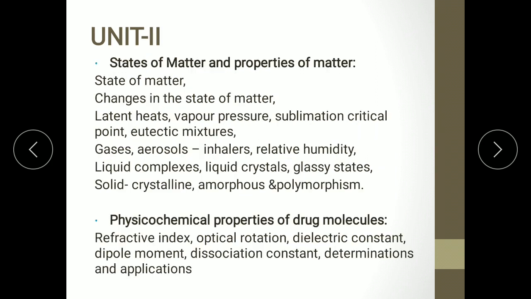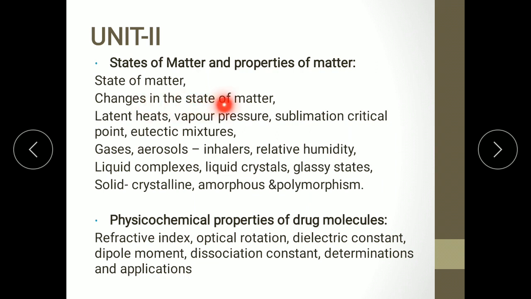Now coming to the second unit, it is states of matter and properties of matter. In that the first point is state of matter. You know that matter will be either solid, liquid, or gas, in the physical phase; in chemical terms it will be either a pure state or a complex or chemical substance.